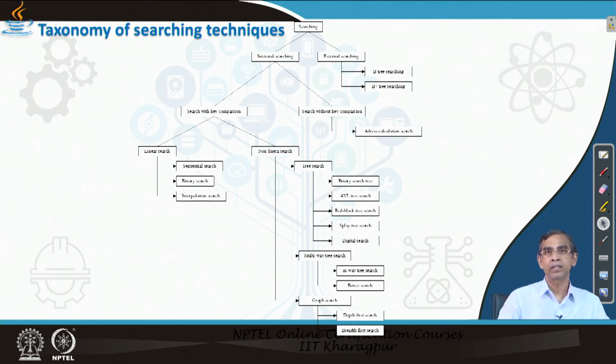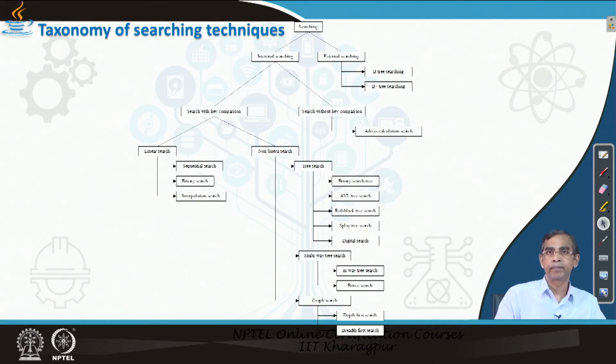Different searching techniques actually follow certain principles. Whatever the searching techniques are, they can be broadly classified into two categories. They are called internal searching and external searching. External searching is when data is stored in secondary memory, like a hard disk or floppy or some external storage devices like tape.